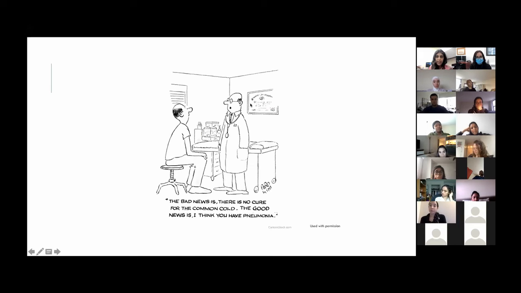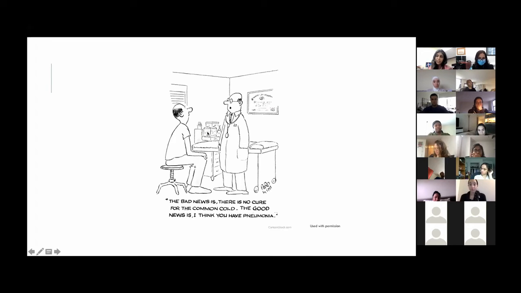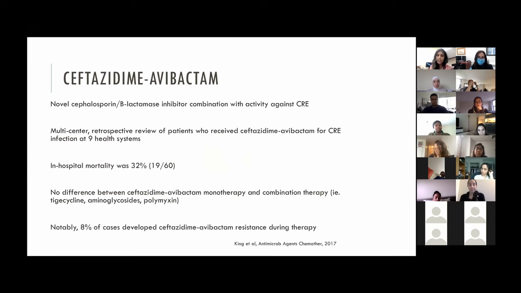So the bad news is that this is a severe infection, but the good news is that we have great antibiotics now to treat it. One of these new drugs that we have is called ceftaz-avi. Ceftazidime-avibactam is a novel cephalosporin beta-lactamase inhibitor that has activity against carbapenem-resistant Enterobacteriaceae.